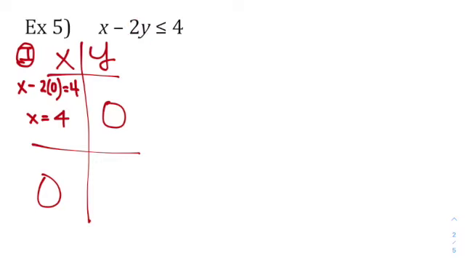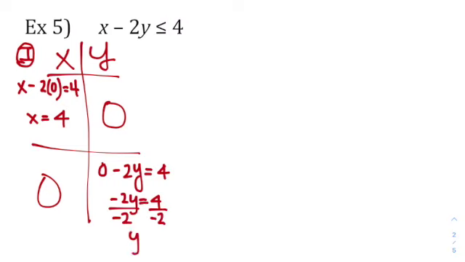Then the next one is x equals 0. So x equals 0, that means the first part is 0. Then you have minus 2 times y equals 4, changing into equal. Everything changes into equal. So you have negative 2y equals 4. And if you divide by negative 2, y equals negative 2. So your ordered pairs are really 4, 0 and 0, negative 2.